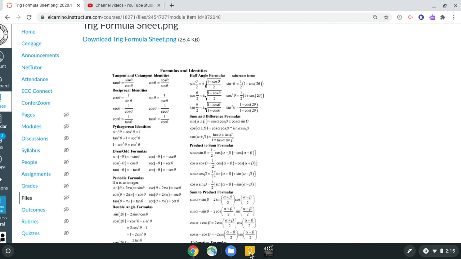All right, so let's go ahead and take notes. So 7.3, and this deals with double angle, half angle, and product sum.